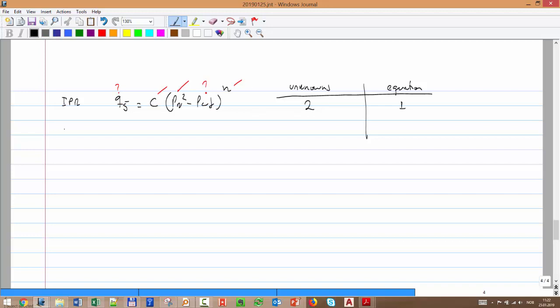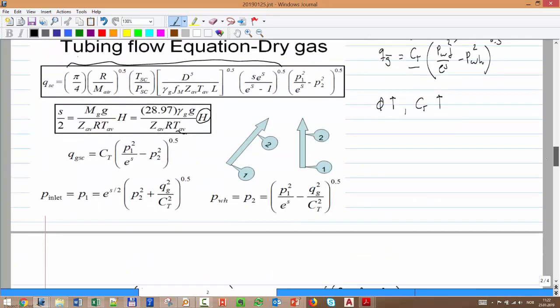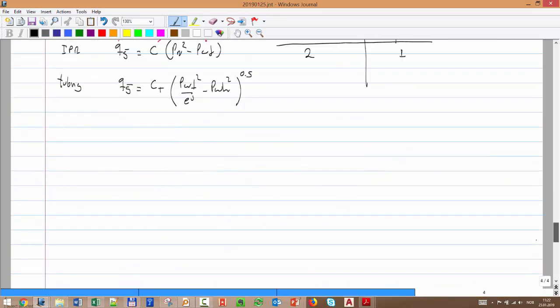Next, the tubing equation. Tubing equation was QG, CT, and so on. Let's check very quickly. I always put the E to the S in the wrong place.